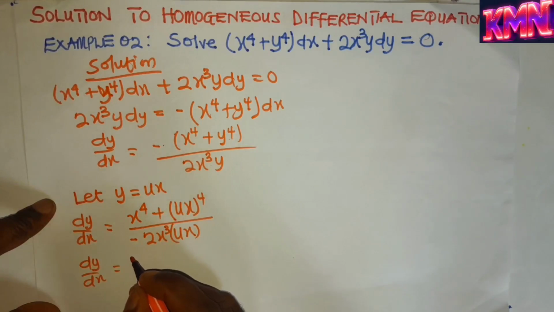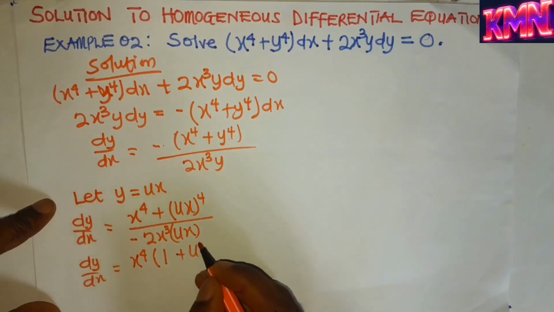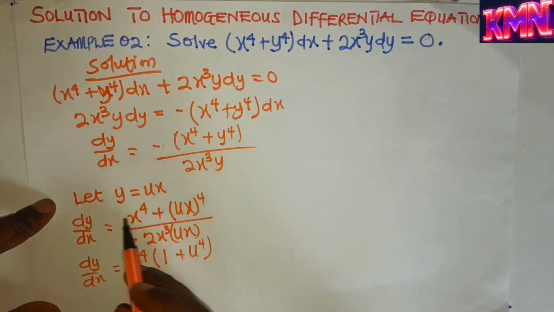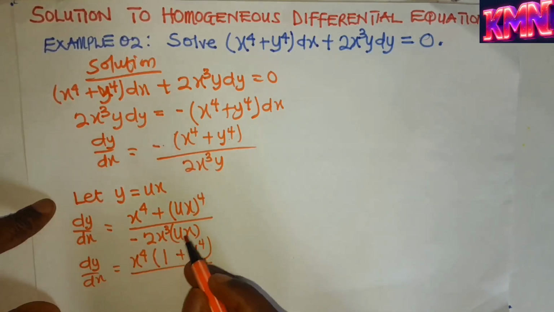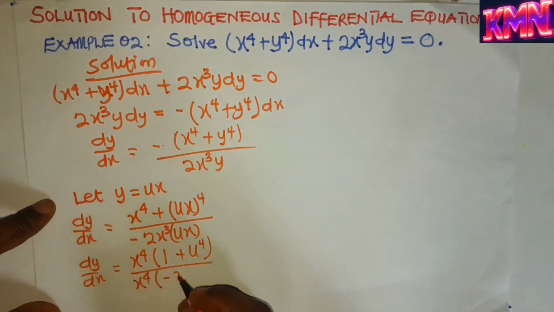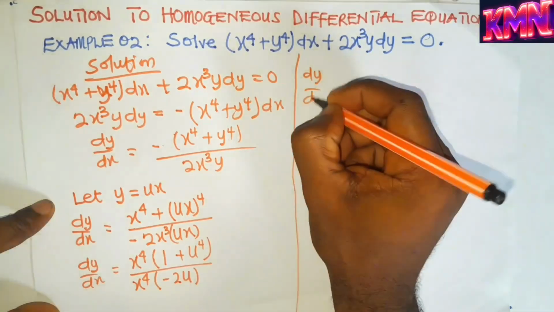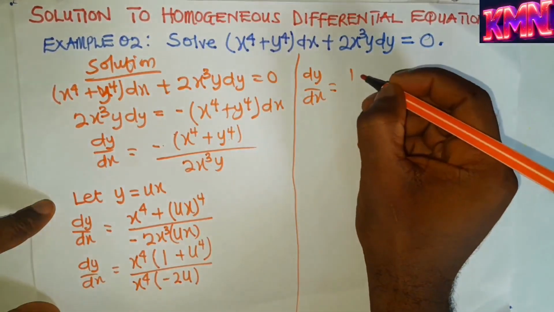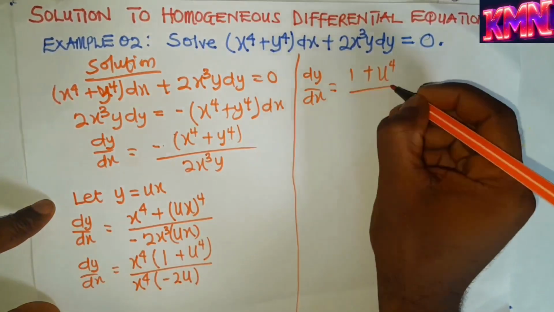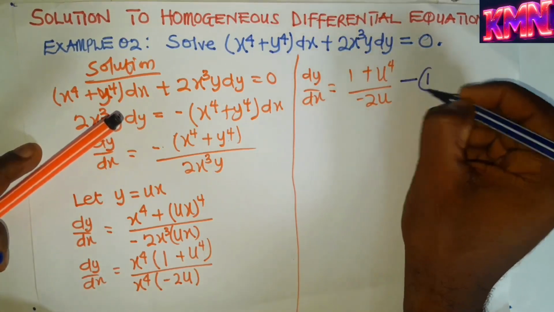Simplifying, we are getting x^4 out, (1 + u^4). So we factorize the x^4 out, and over here too we have x and x^3, and that also gives us x^4, times negative 2u. Cancelling out, our dy/dx is now (1 + u^4) on negative 2u. Let's label this as our first equation, that's equation 1.